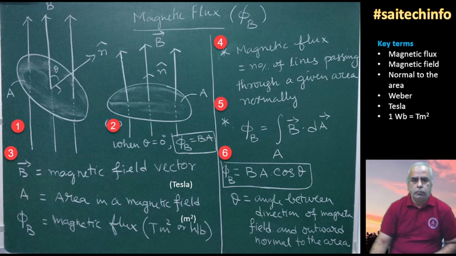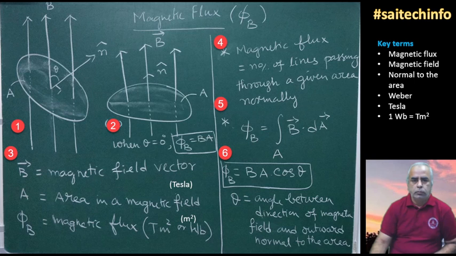So n cap is perpendicular to A. And this theta represents the angle between the direction of the magnetic field and the outward normal to the area. Okay, are you able to understand this?